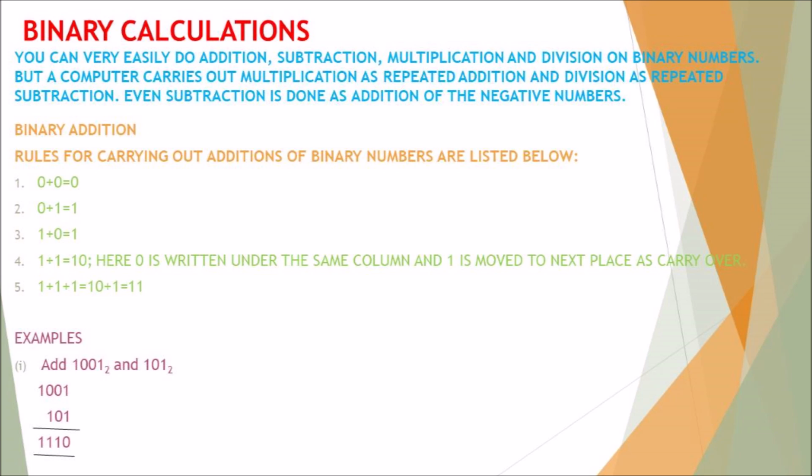So we write the 0 in the same column, and we write the 1 in the next place as a carryover. And 1 plus 0 is 1, and 0 plus 1 is 1, and the last one doesn't have any digit, so we directly write the 1. So this is how we have to do the binary addition.